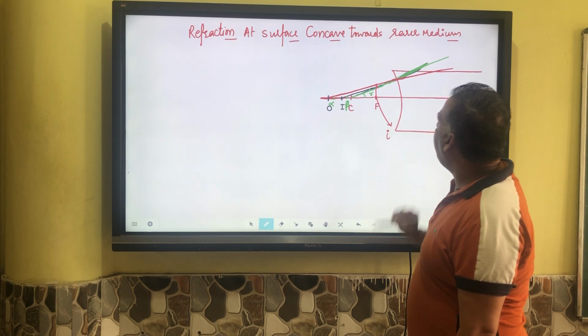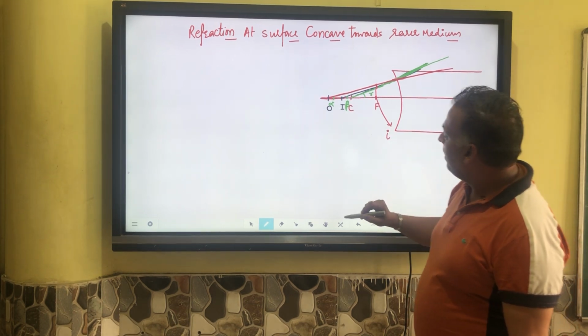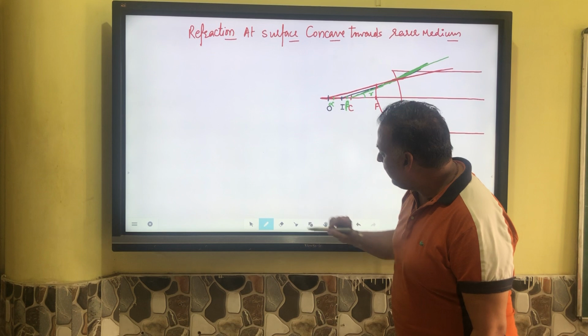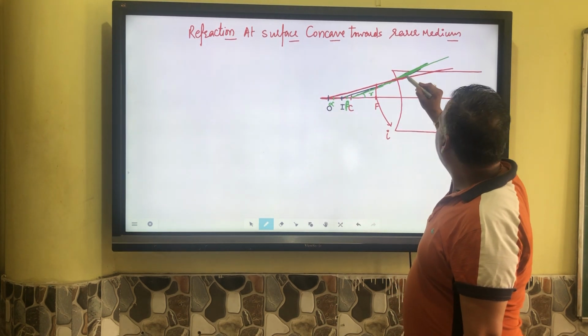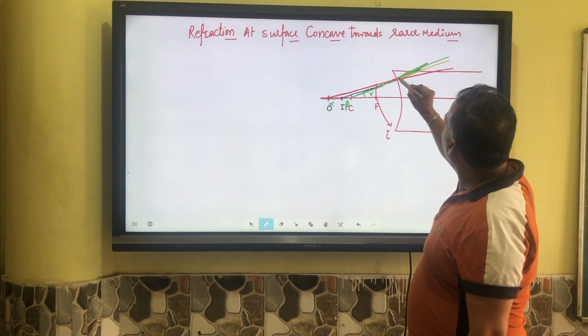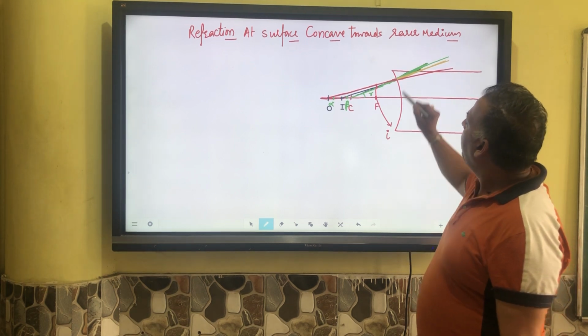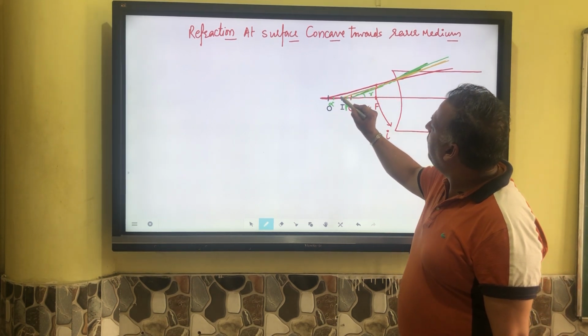So this angle is I, the incident angle. Instead of going toward this side, this ray will bend toward this side, and it actually meets at this point.